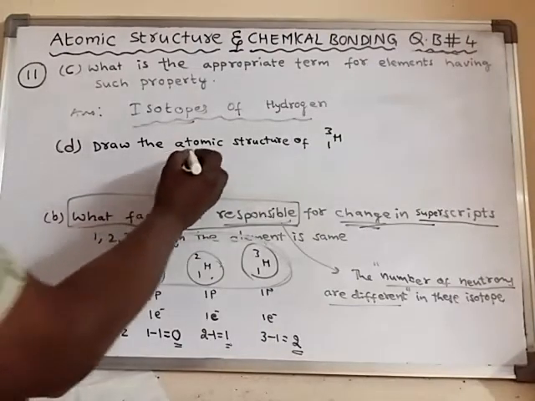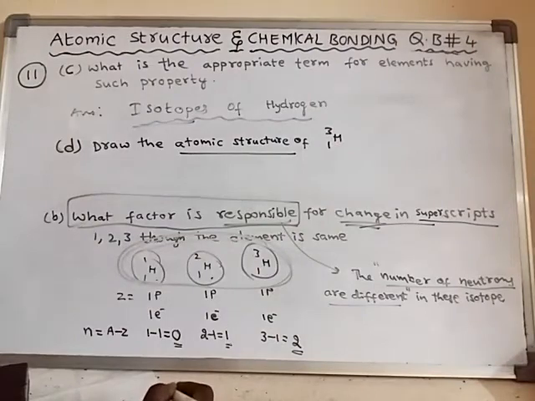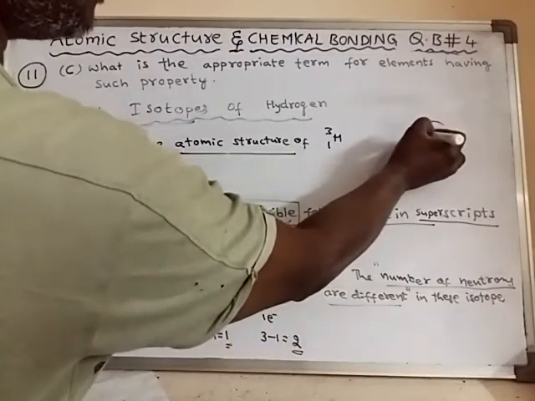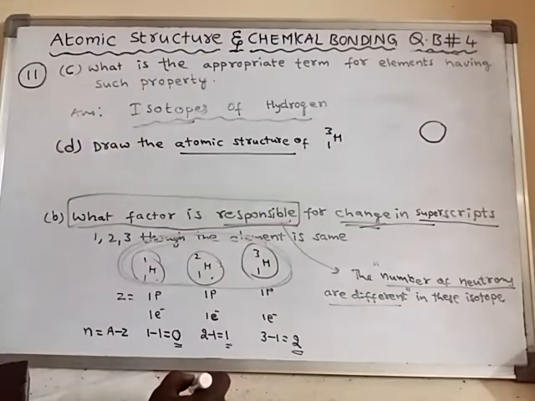Right. So in order to draw the atomic structure, we have to know how many electrons, how many protons and how many neutrons are there. So first we will draw the nucleus. In the nucleus we have to represent the number of protons and the number of neutrons.